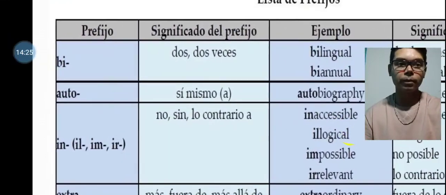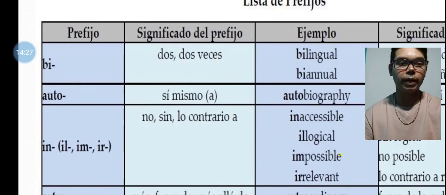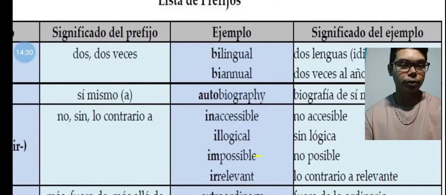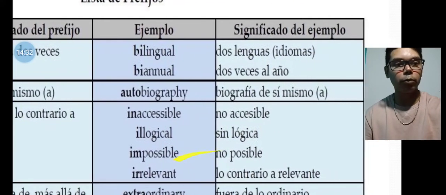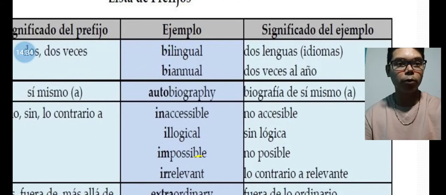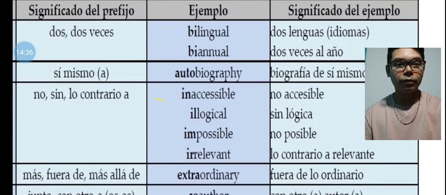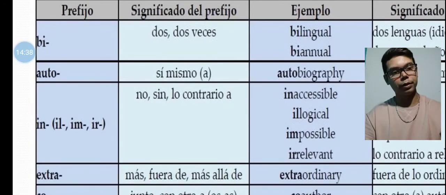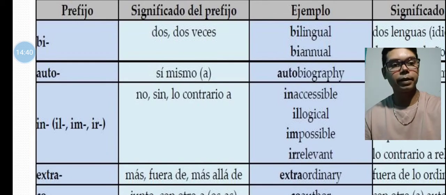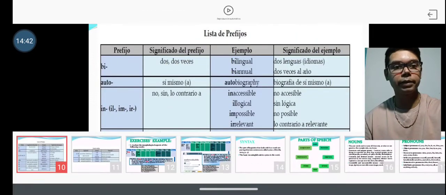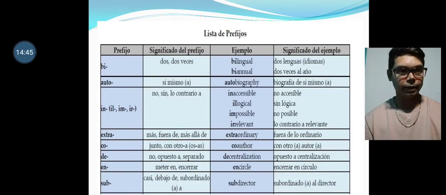Eso se encuentra en el aula virtual. For example, bi, que significa dos veces. We have words like bilingual, biannual, dos lenguas, dos veces. El significado aquí aparece en español, sin embargo, el trabajo extra que tendrán que hacer en el taller es traducir esos significados presentes en la muestra.